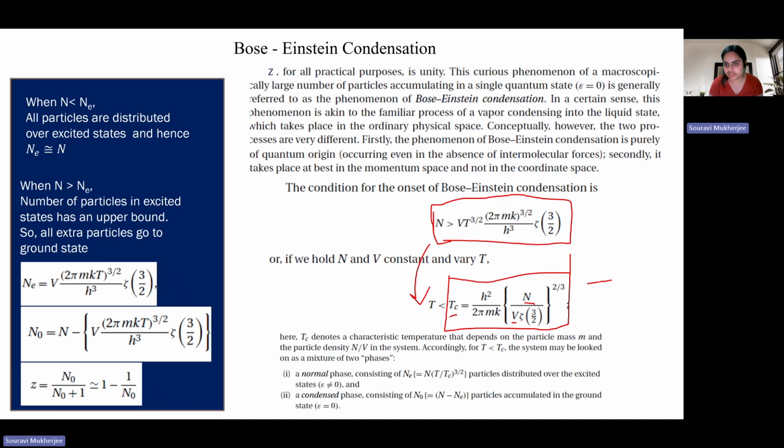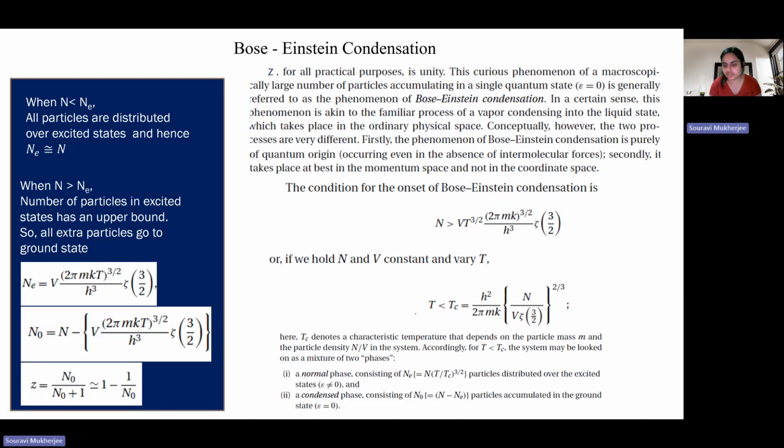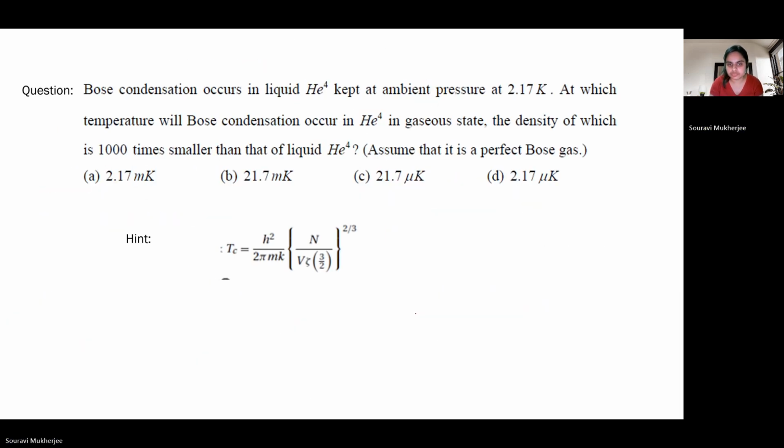It is telling you that TC is proportional to, if I write small n as the number density, n to the power 2/3. So TC is proportional to n to the power 2/3, where n is your number density. Okay. So now based on this, can you try to answer this question? Yeah, it's already there. So try to answer the question.